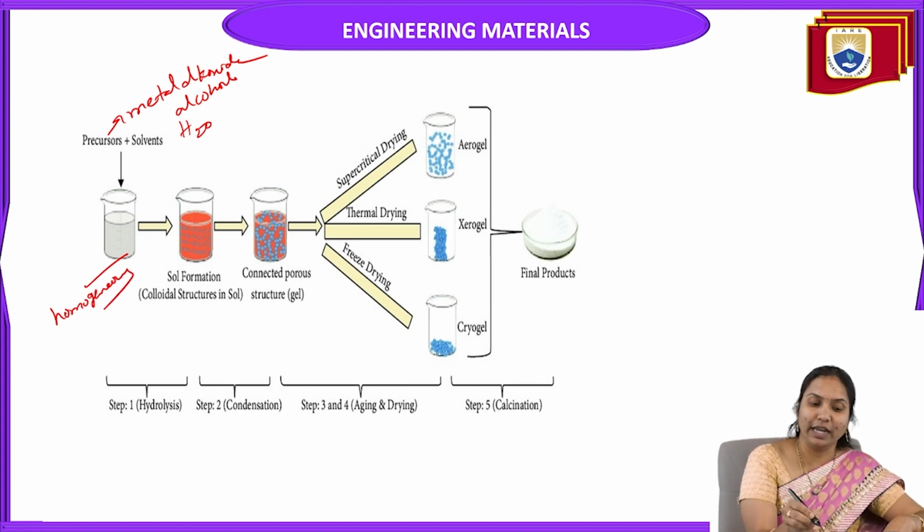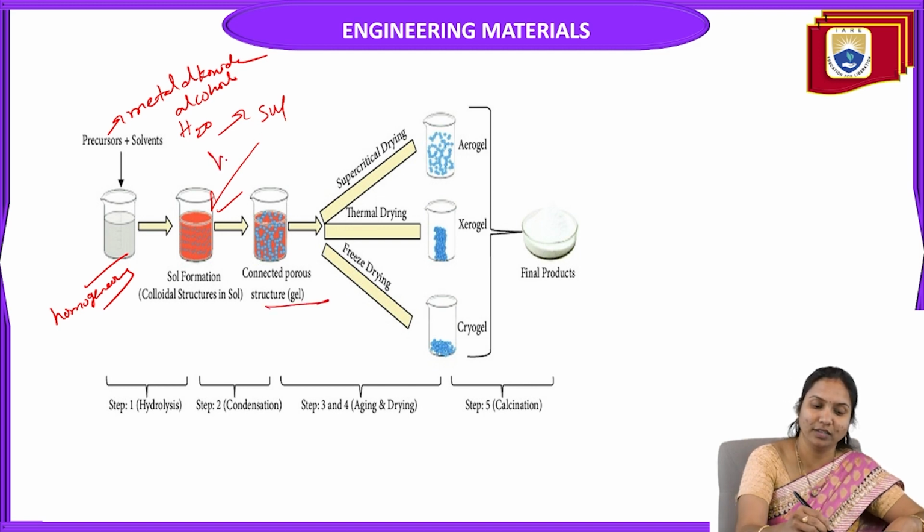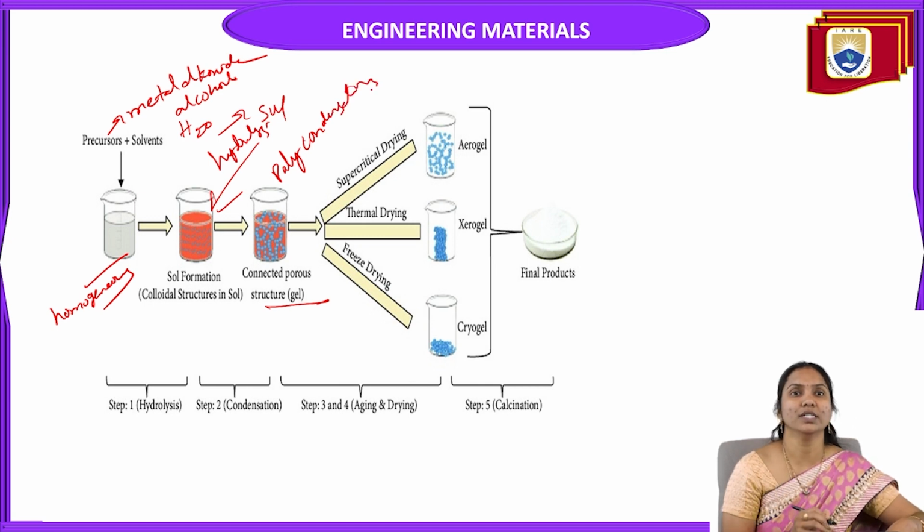Then during hydrolysis, it forms sol. It is a sol formation, a colloidal structure due to the alcohol and water. Next, it is converted to gel. This is the hydrolysis, and here polycondensation. Salt converted to gel.